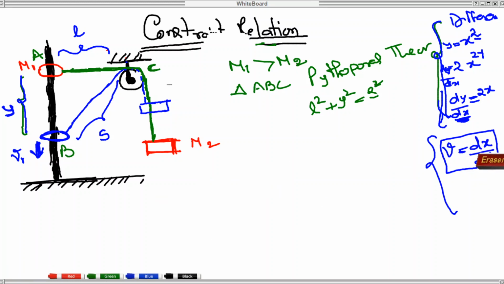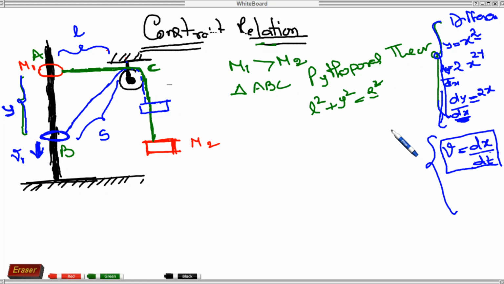If it's not clear, let me clear it. Yes, dx over dt. I think I already discussed this velocity part earlier.